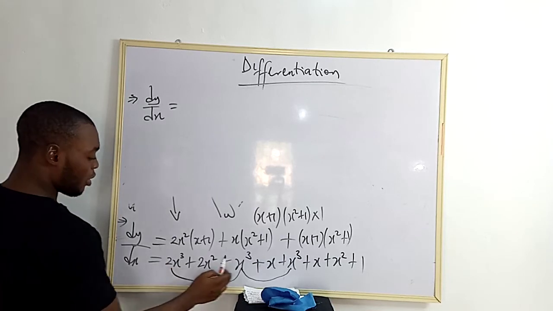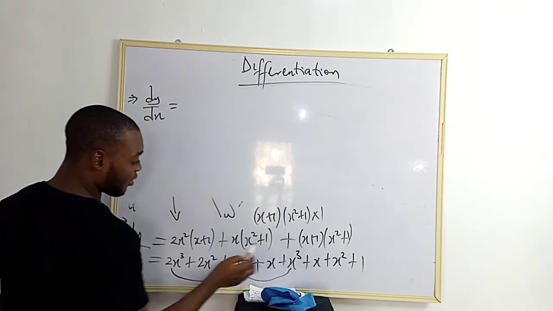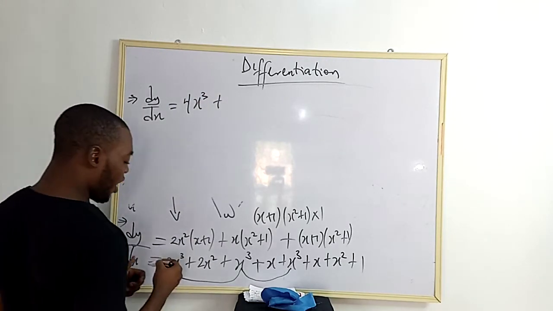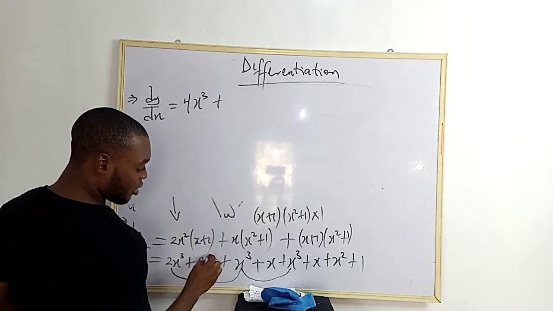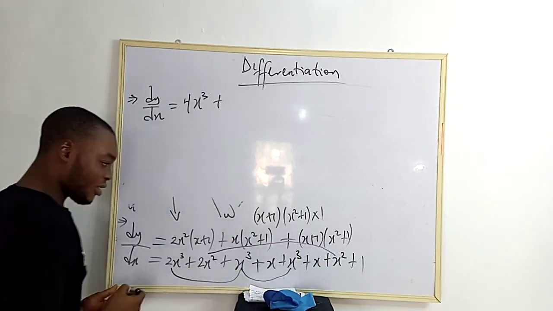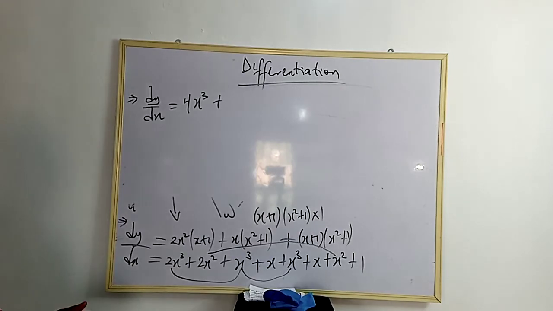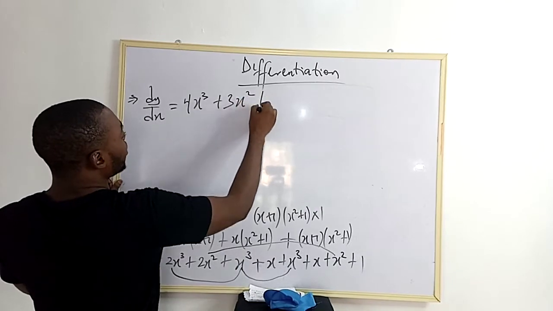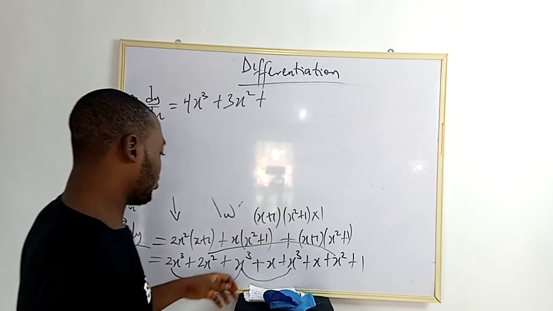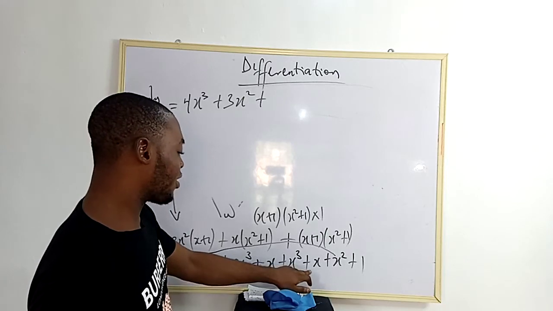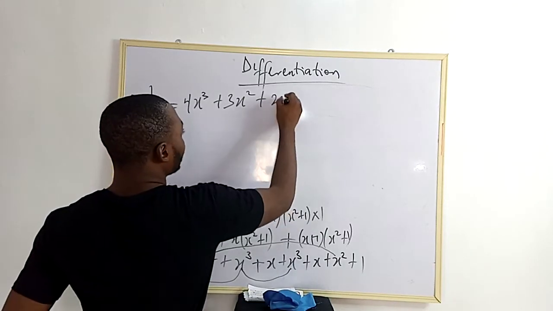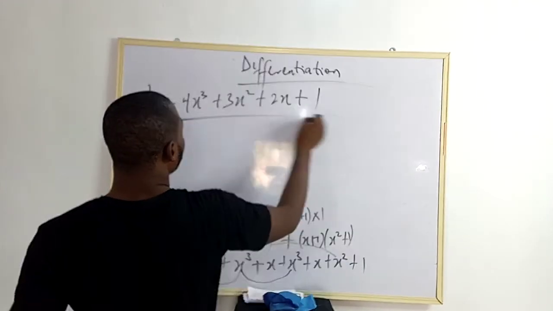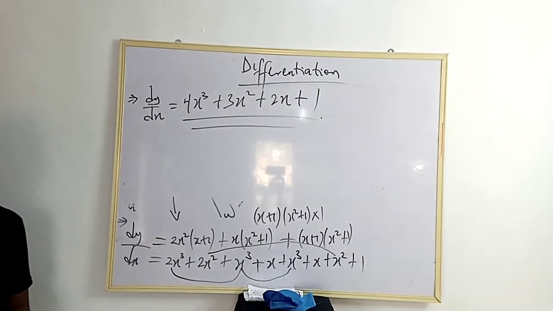So 2x cubed plus x cubed, that's 3x cubed, plus another x cubed, that's 4x cubed, plus we have 2x squared plus x squared, that's 3x squared, plus we have x plus x, that's 2x, plus 1. So that is the derivative of our product of three functions.